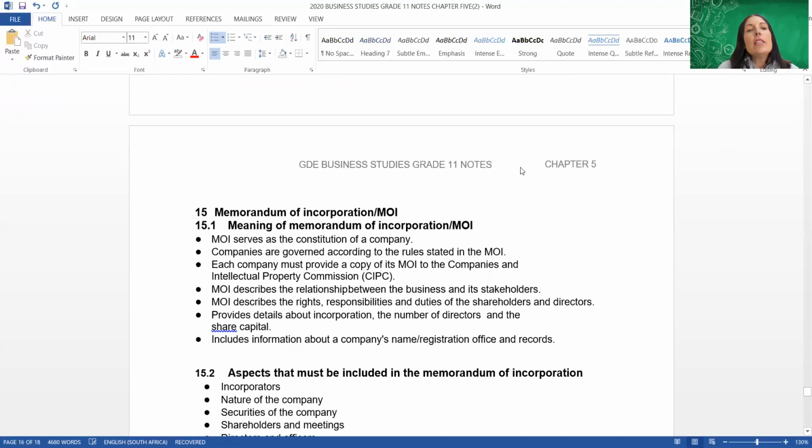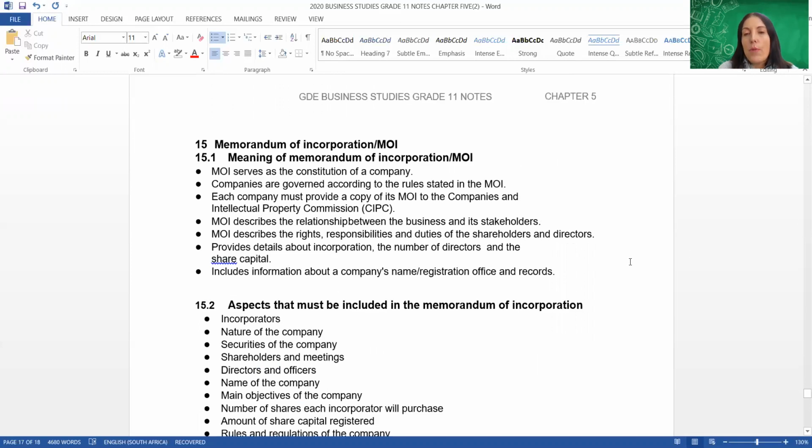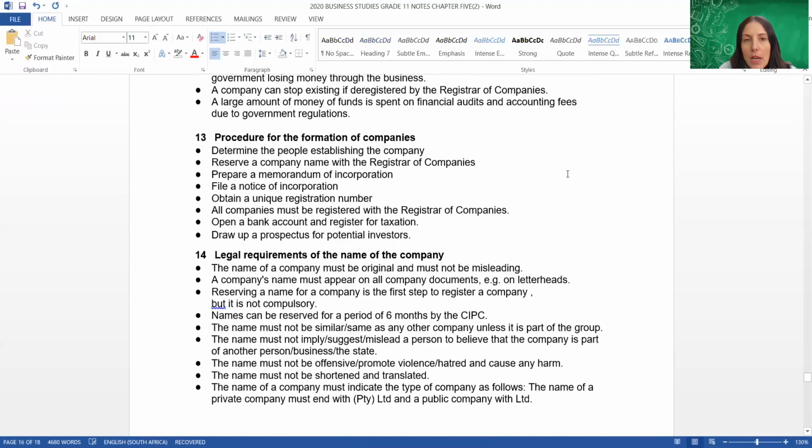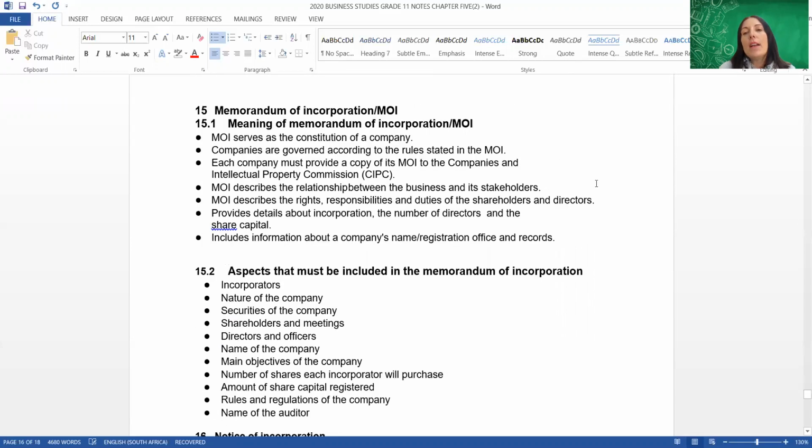Okay, now let's look at the memorandum of incorporation. So this is one of the documents that must be completed in order to register. Remember, we spoke about it here, the formation of a company. So one of the documents that you must know about is the memorandum of incorporation, or in short, the MOI. Now, what is the MOI?